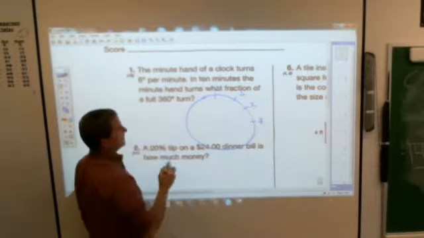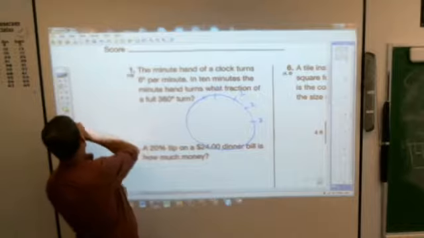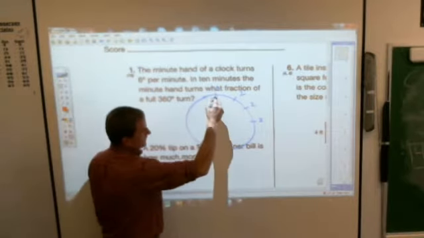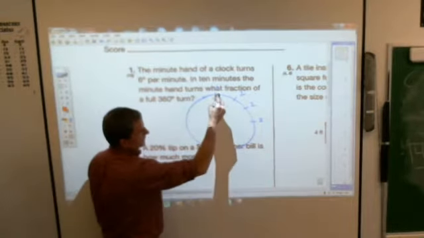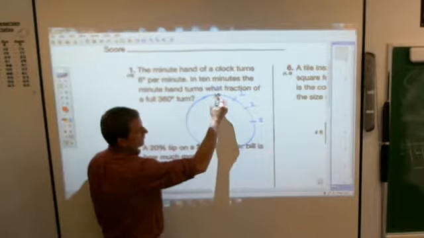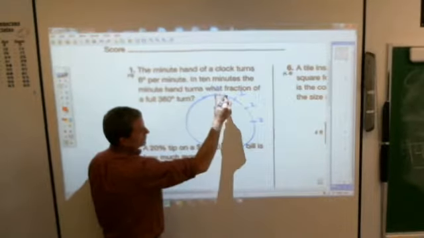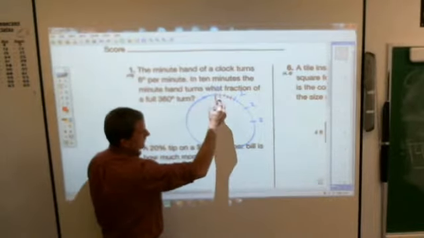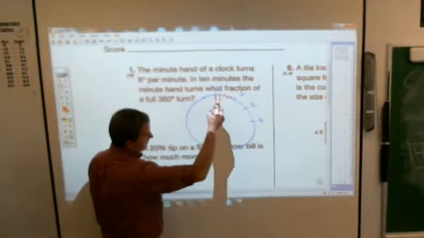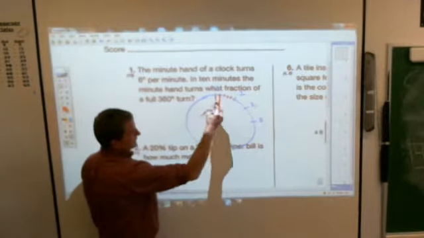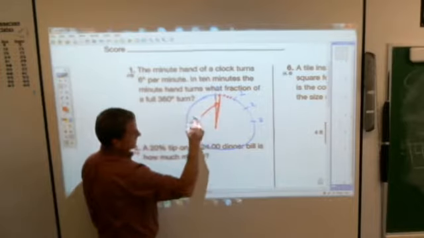For every minute, in other words, if your hand starts here and goes between 12 and 1, there are 5 minutes, right? 1, 2, 3, 4, 5. Every minute is 6 degrees.